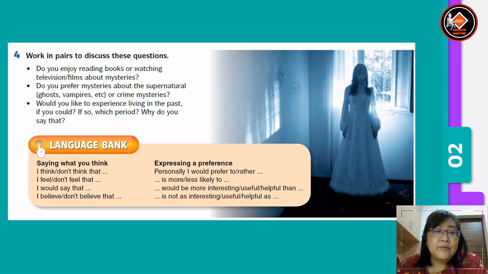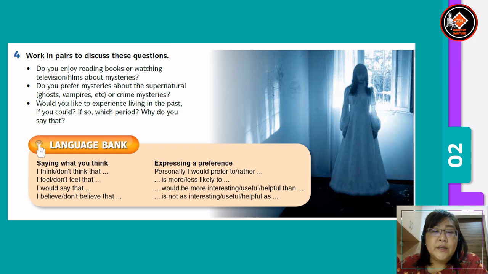Now let's look at the language bank. Saying what you think. You can use I think that or I don't think that. I feel that or I don't feel that. I would say that. I believe that. I don't believe that. Expressing a preference.